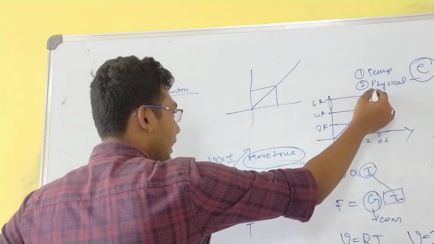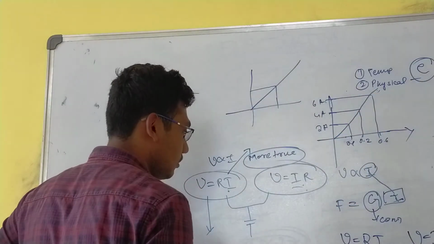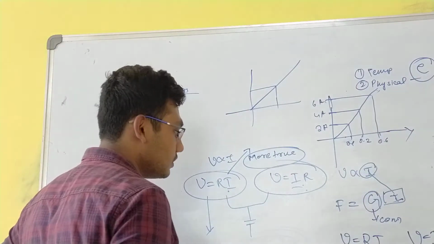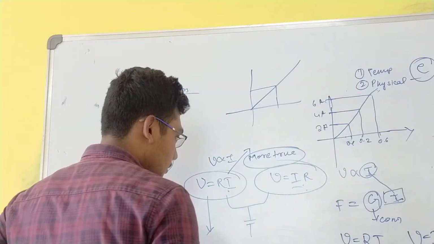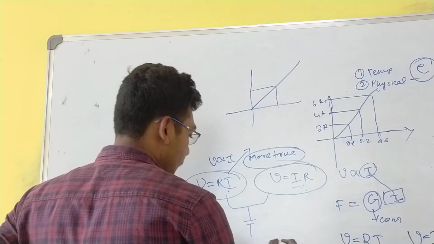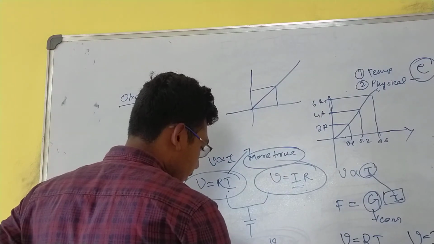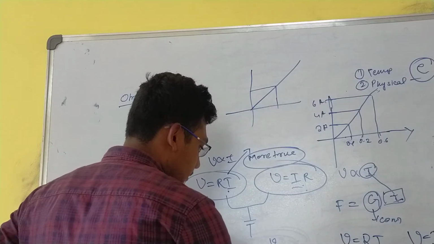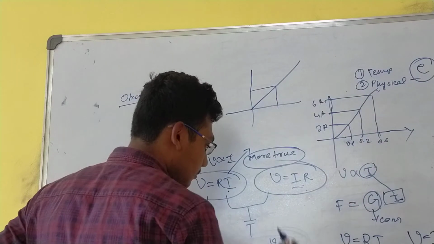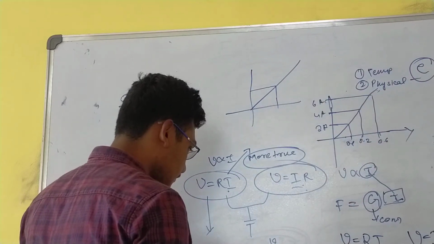To calculate the slope of this line, what will we do? V by I, that is equal to resistance, the slope of this line.